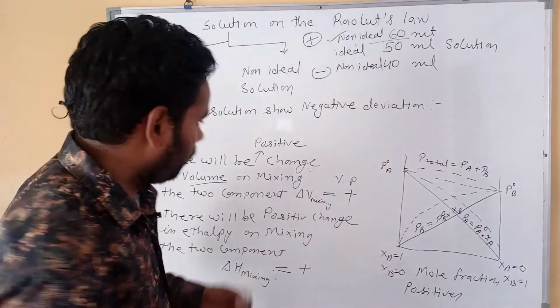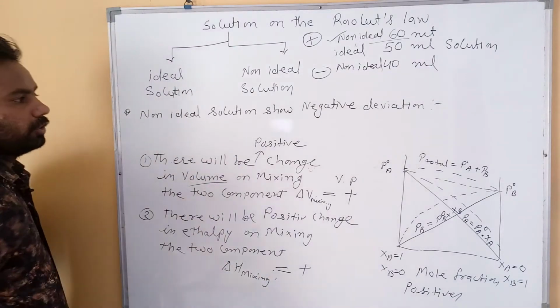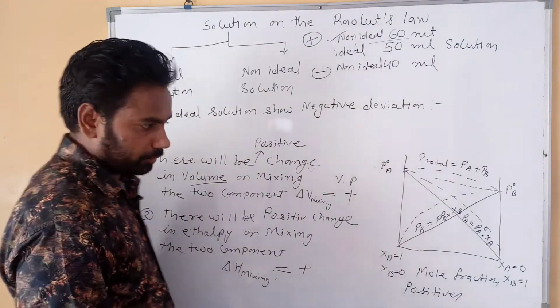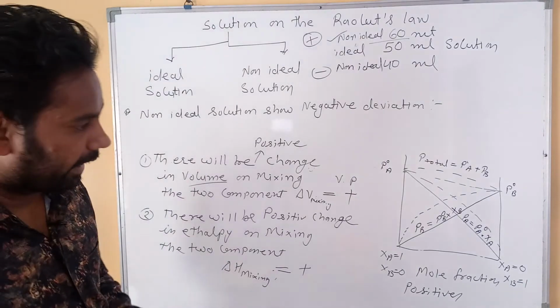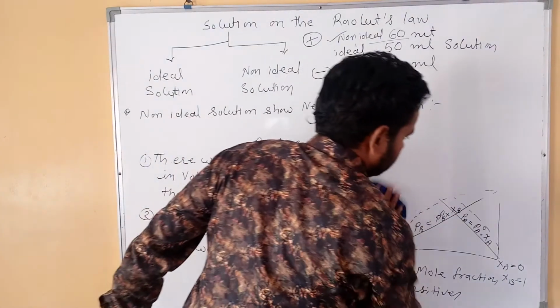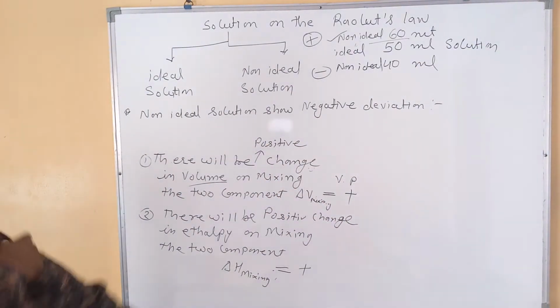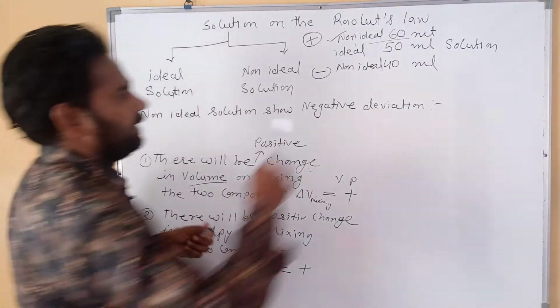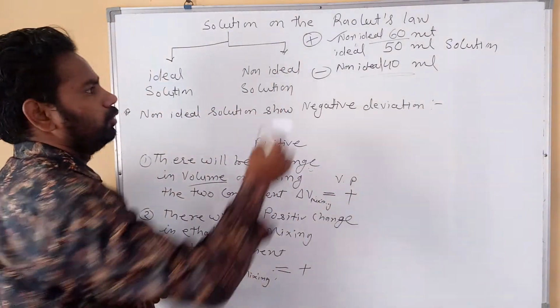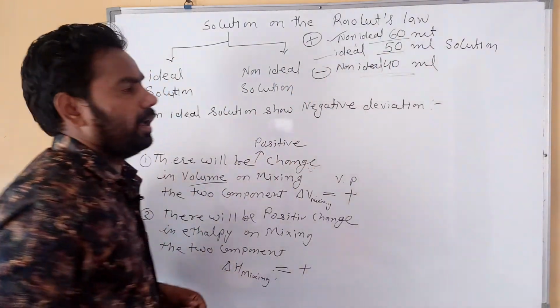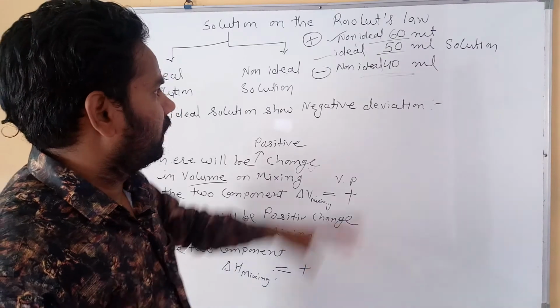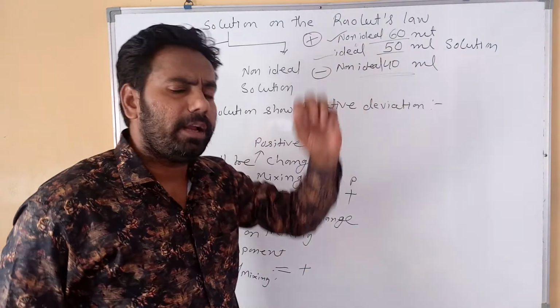Next is the non-ideal solution showing negative deviation. Again, non-ideal negative means I said prepare 50 ml solution, but some students prepared 40 ml solution.